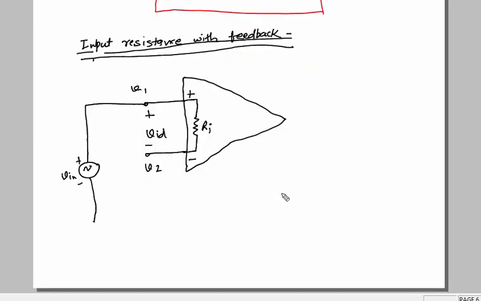For V2 we are taking from here, from V0, and before this we have plus VCC here and minus VEE, that is a dual power supply.